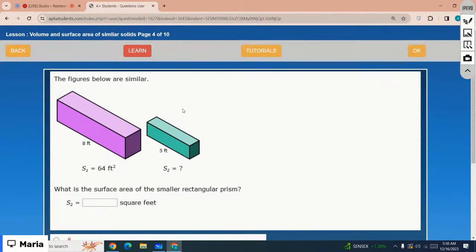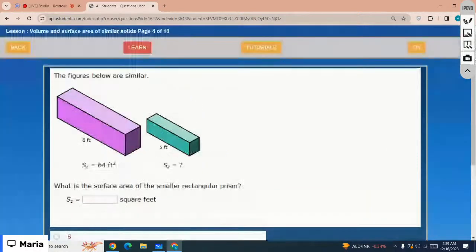So which is the correct option? The correct option is 25, right?